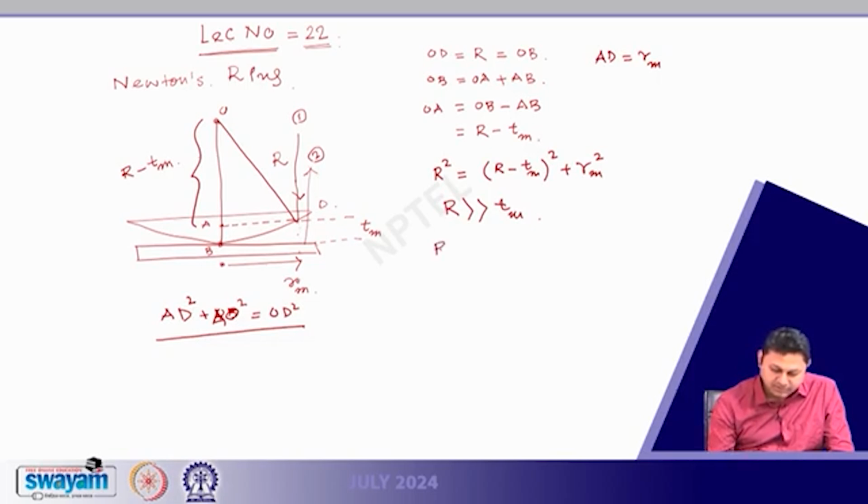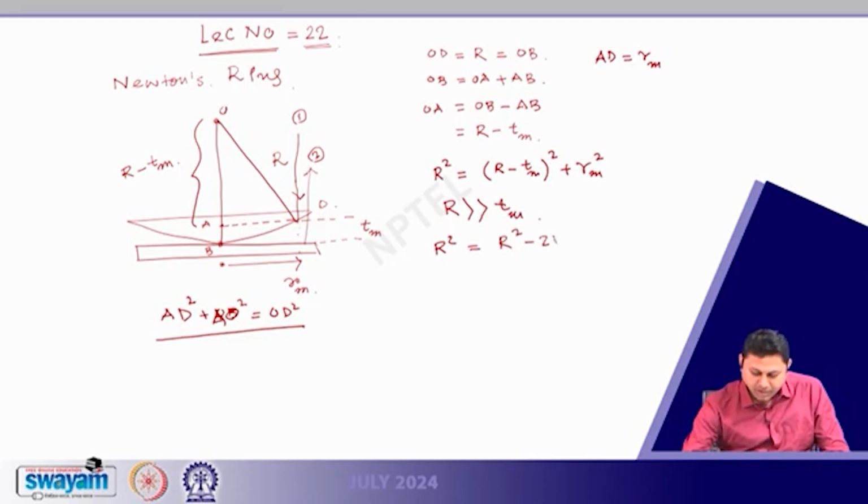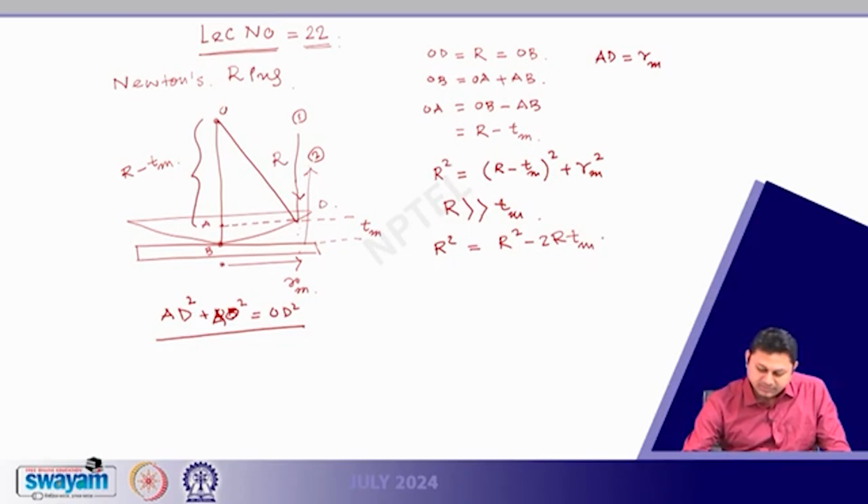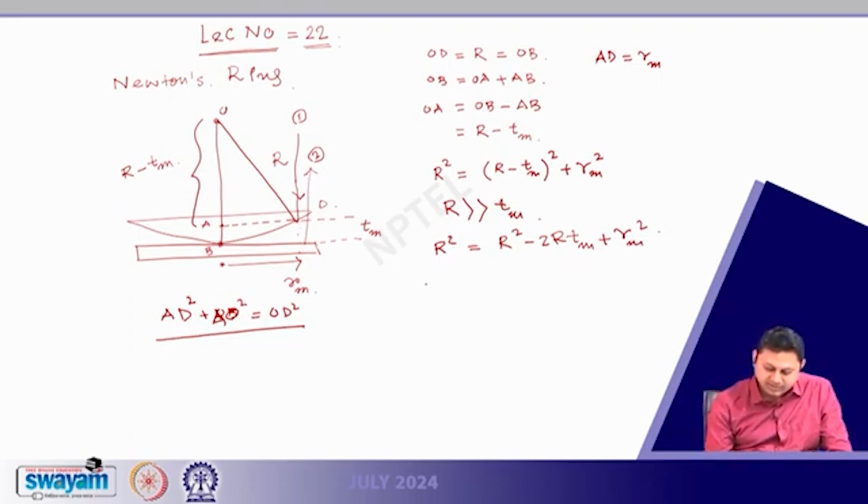In that case we have R square is equal to R square minus 2 R Tm, and I am neglecting the Tm square because Tm is very small compared to R, then it is simply plus Rm square. So R square will cancel out, and I simply have Rm as root over 2 R Tm.